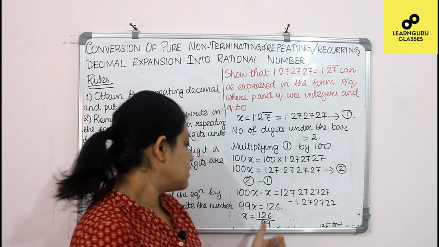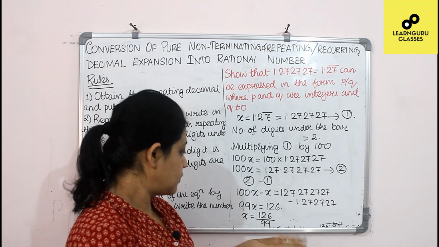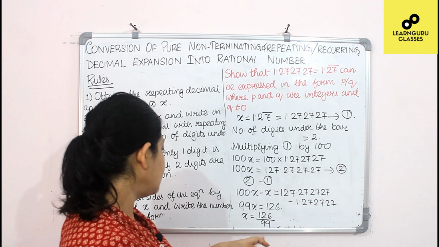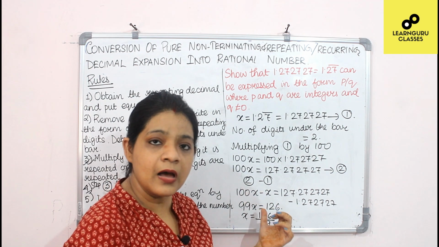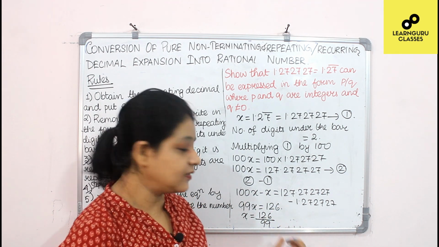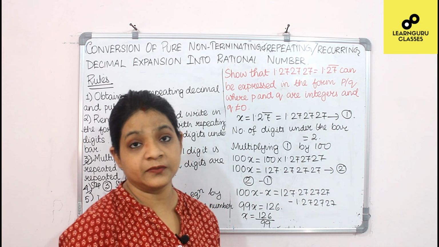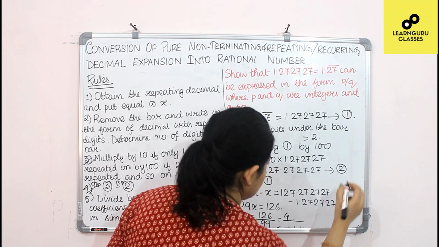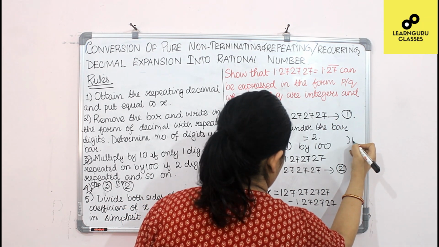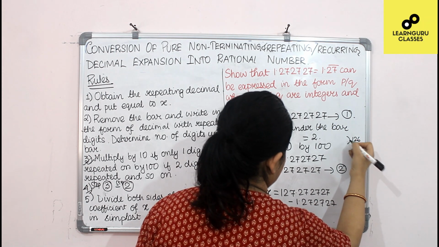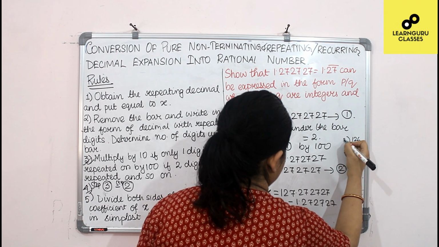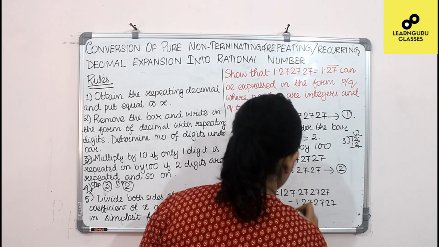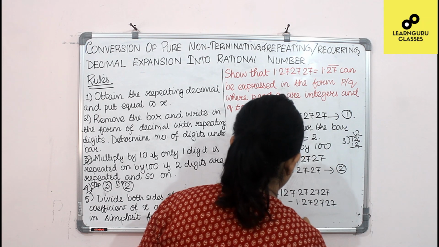Okay, clear? Now you see the divisibility. You can reduce it to the lowest term. 126 is divisible by 3, and 99 is also divisible by 3. So 126, 3 4s are 12, 3 2s are 6, that is 42, and 33.